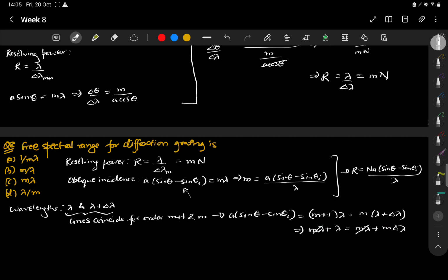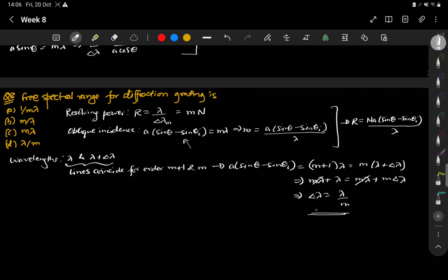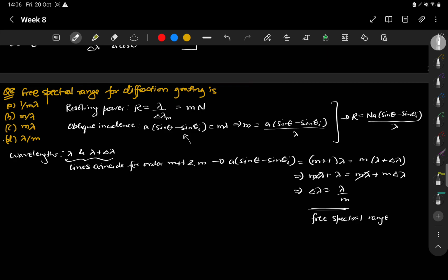This gets cancelled out. And this is known as the free spectral range, lambda over m. So the correct option is option D.